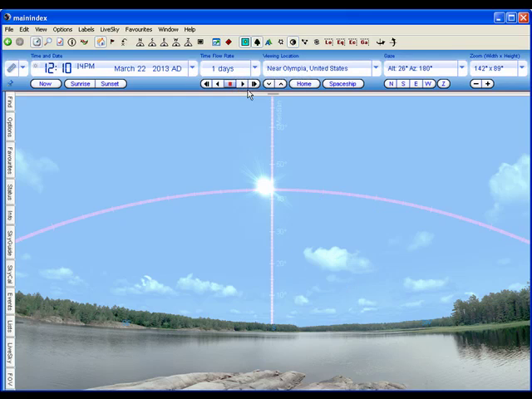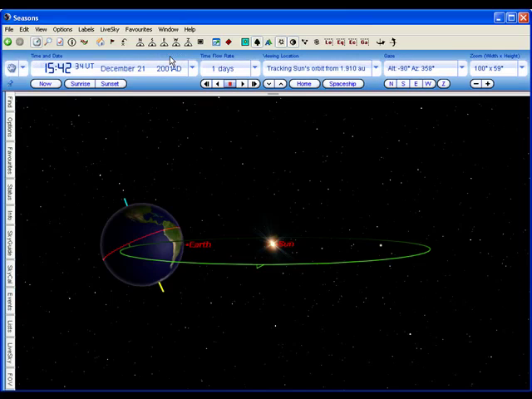If we continue to advance to June, you notice that the days are going to get longer in the northern hemisphere because we are now above the celestial equator. We're not going to be able to see it very well here because the Earth will be eclipsing the sun.